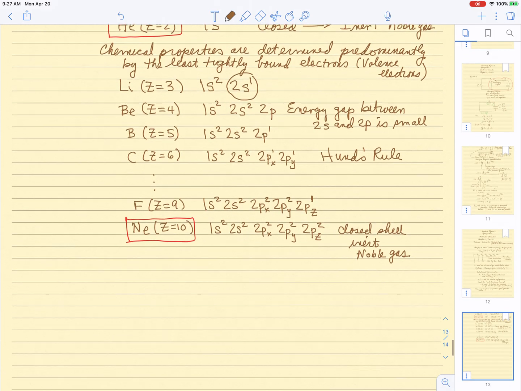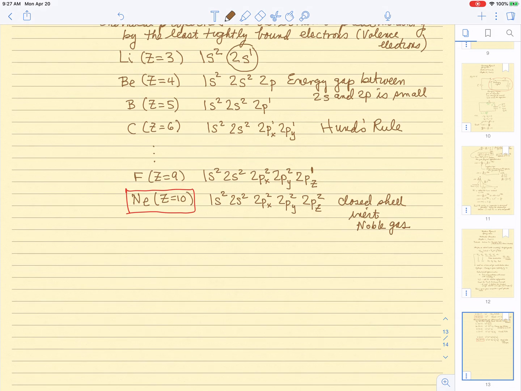So again, we can continue this game. The orderings, if you look in your textbook, are on page 321: the orbital energy ordering.